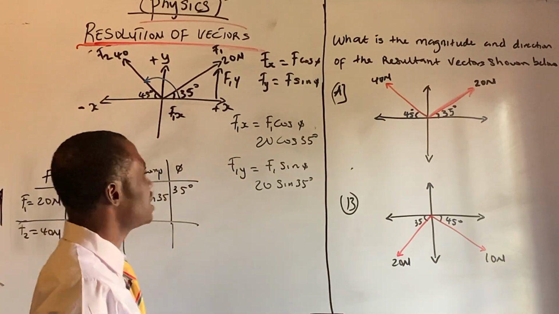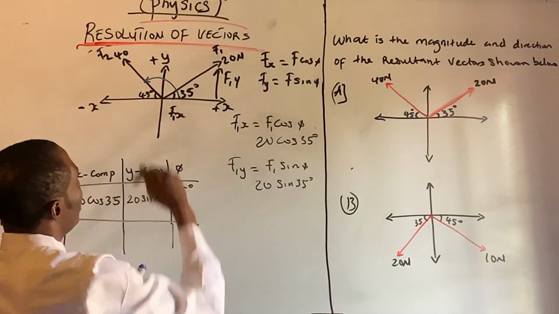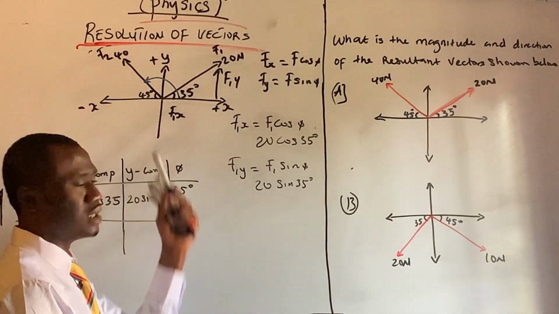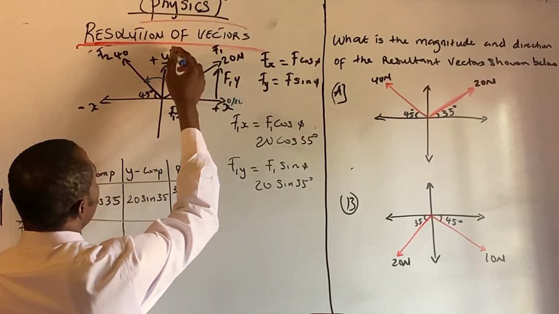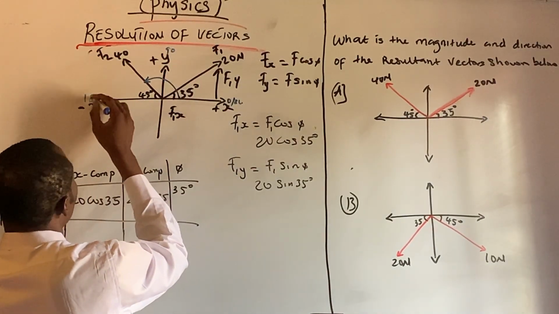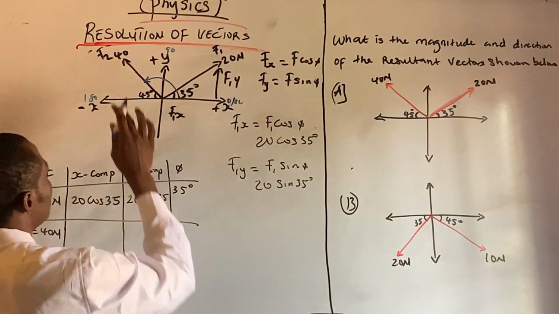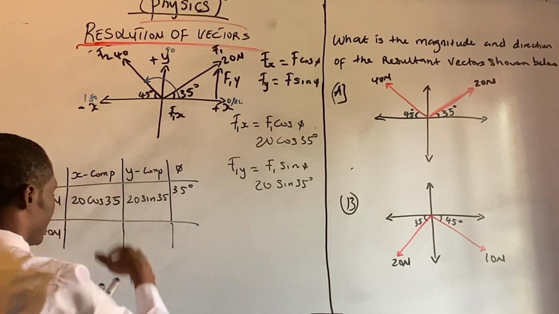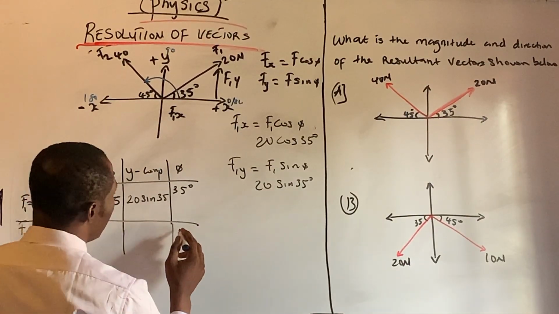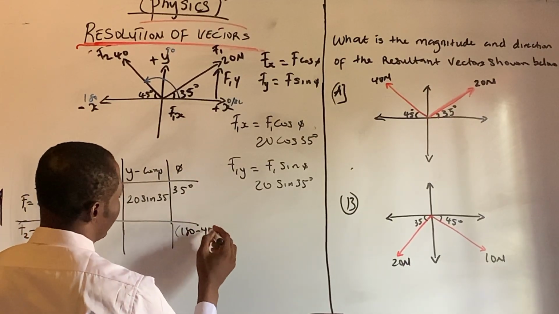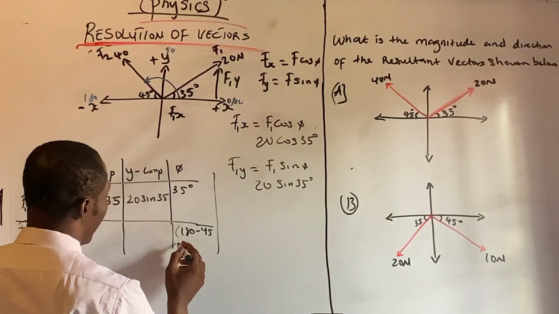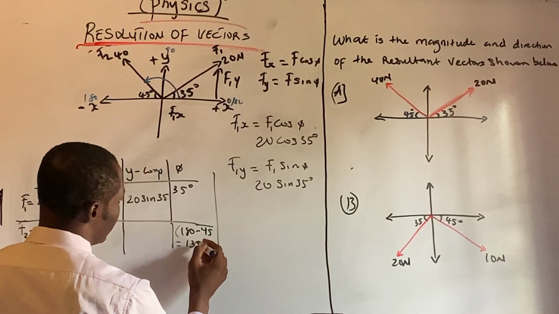So it's moving from the positive x-axis to the second quadrant. Now, this is 0 and 360. This is 90. This is 180. The angle at the second quadrant will be simply 180 minus 45, and that should be equal to 135.